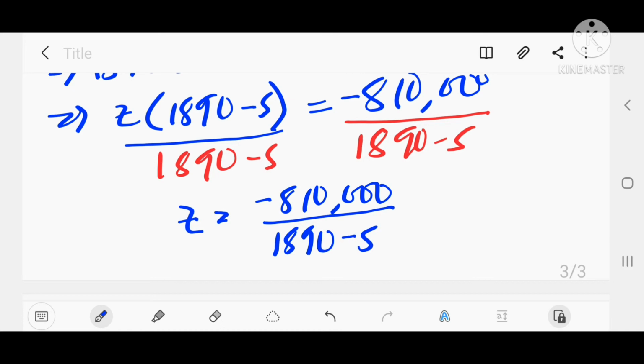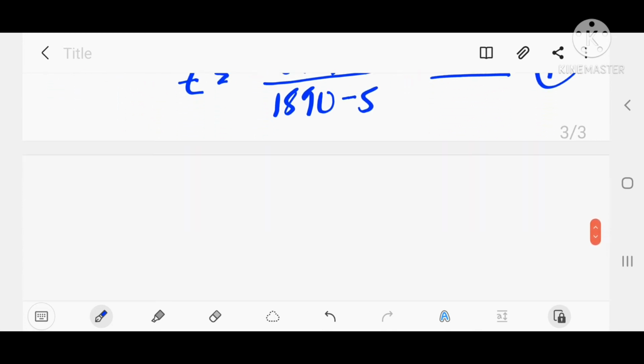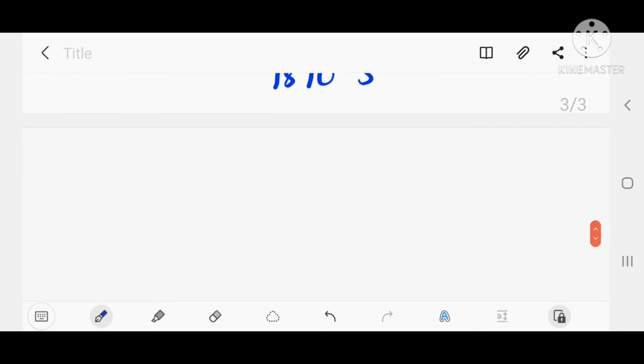So we substitute this equation 4 into equation 1, our first equation.